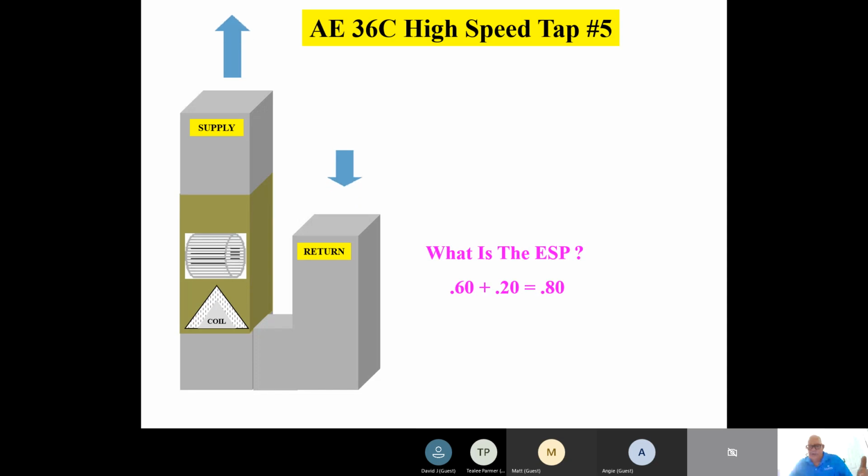So if I'm having issues with airflow delivery and noise and stuff like that, I would probably start on the supply side on this job because most of my static pressure is on the supply side. So what is the CFM at 0.80 total static on this AE air handler 36C on the high-speed tap? What's the airflow, please?